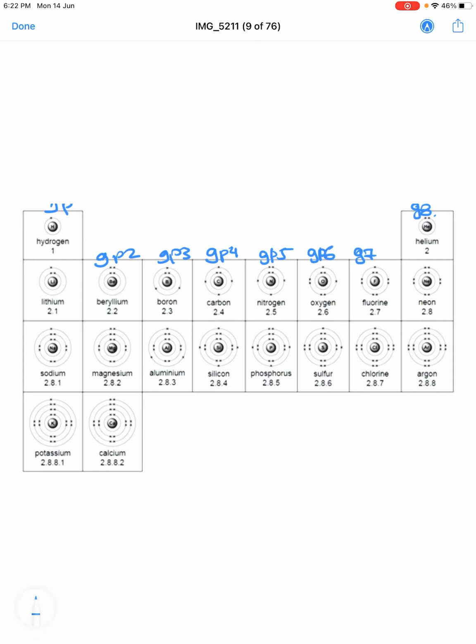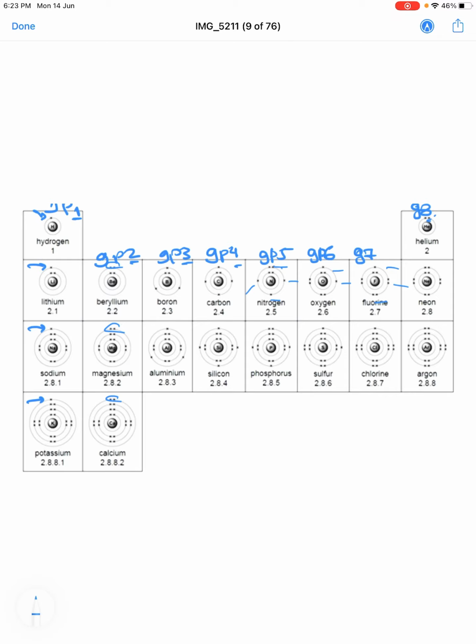If you look at group 1, you would notice that the last shell has only 1 electron, so it has 1 electron on the outer shell, okay? Group 2 has 2 electrons in the outer shell, group 3 has 3, group 4 has 4, group 5 has 5 electrons, group 6 has 6 electrons, group 7 has 7 electrons in the outer shell, and group 8 obviously has 8 electrons in the outer shell. So the number of the group gives you the number of electrons in the outer shell, okay?